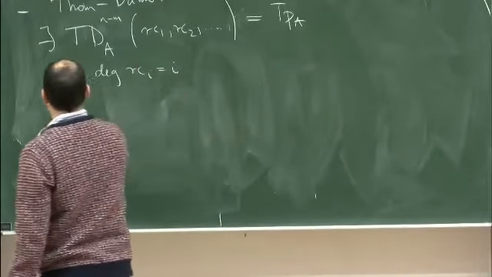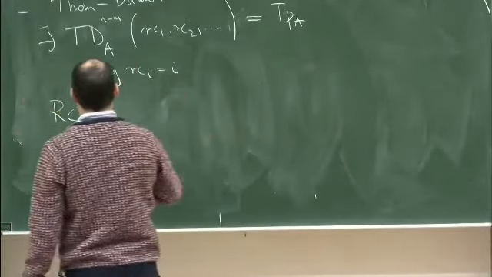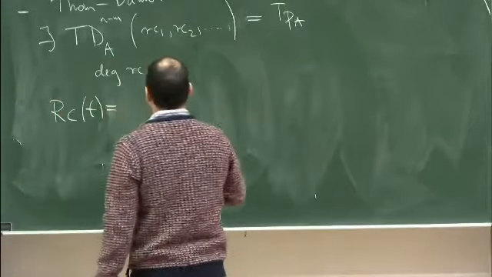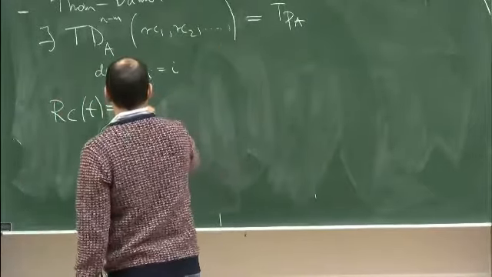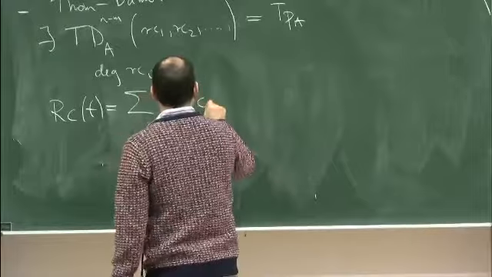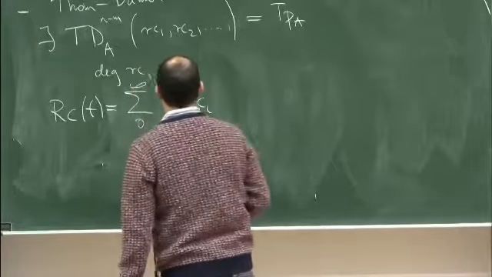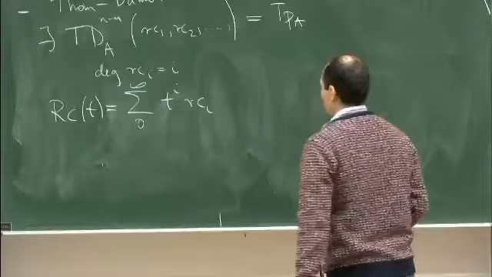It just says that I define a generating series RC of t, which is the sum of t to the i RCi from 0 to infinity. So RC0 is just 1. It's a constant.